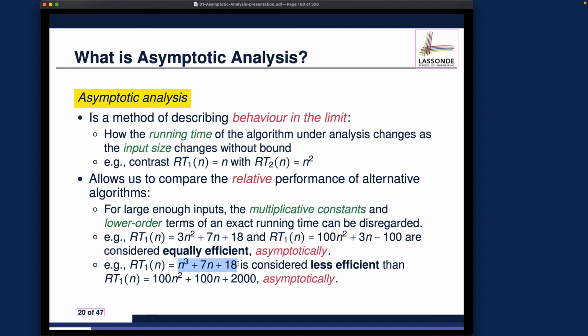That means the value of n is going to be way larger in order for this algorithm's running time to catch up. So that's why we say this is much more expensive, meaning it's much less efficient than this particular algorithm. Whenever you want to compare the efficiency of algorithms, the lower the running time, the better. Okay, the lower the highest power of the running time function, the better, basically.